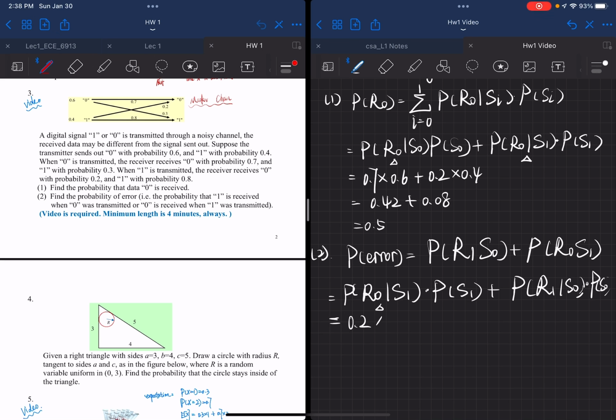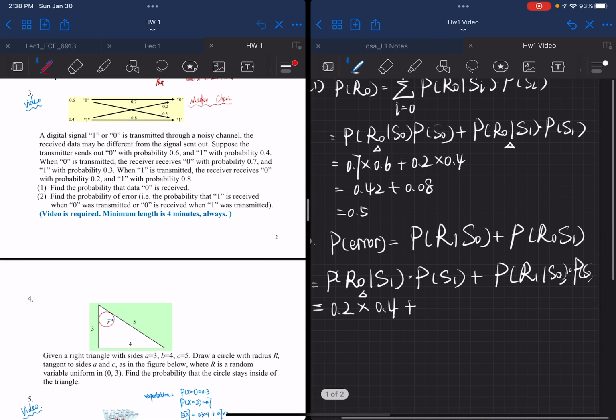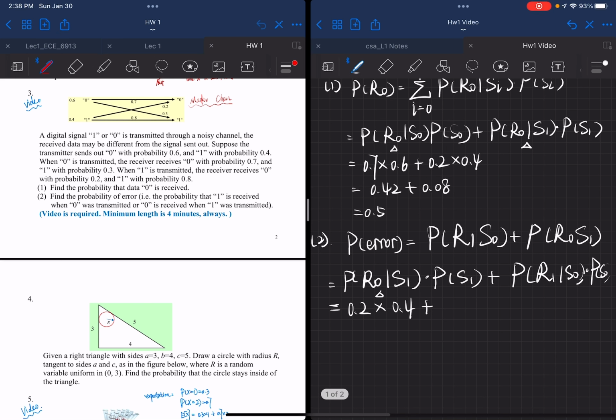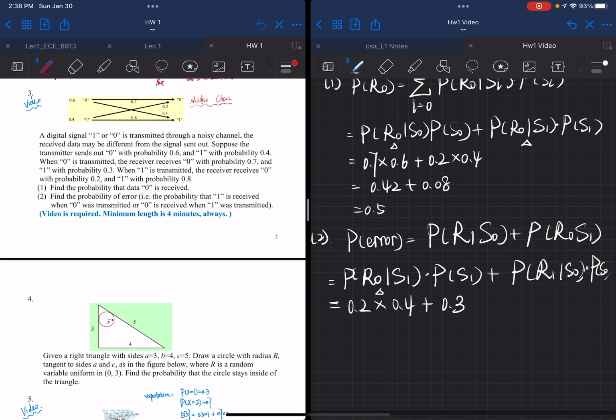And based on what's stated in the problem, we know that this one equals 0.2, and the probability that signal 1 is sent equals 0.4, and the probability that signal 1 is received given that signal 0 is sent equals 0.3, and the probability that signal 0 is sent equals 0.6.